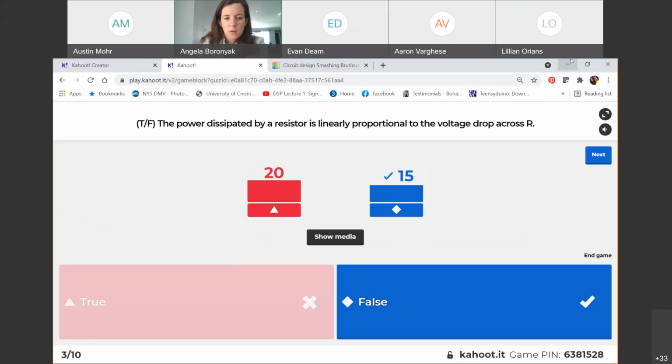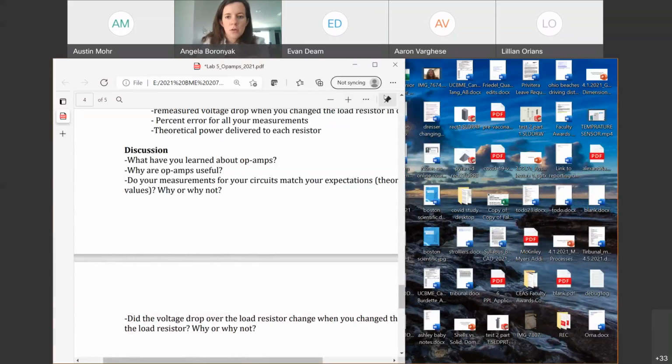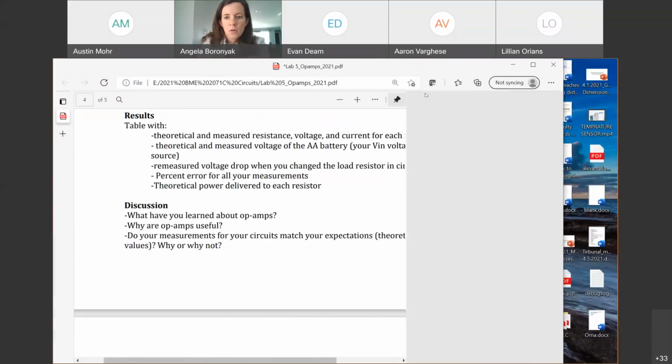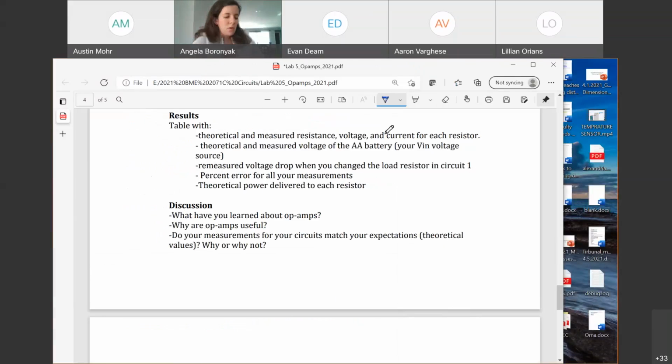So, let me pull up something. We have power equals current times voltage, which looks like if I increase voltage, I increase power. Like if I double voltage, I double power. But if I double the voltage drop across a resistor, do I change the current flowing through the resistor as well?